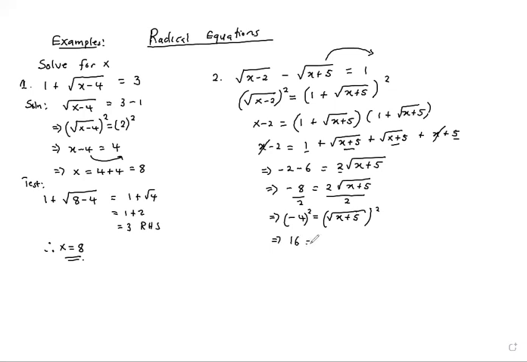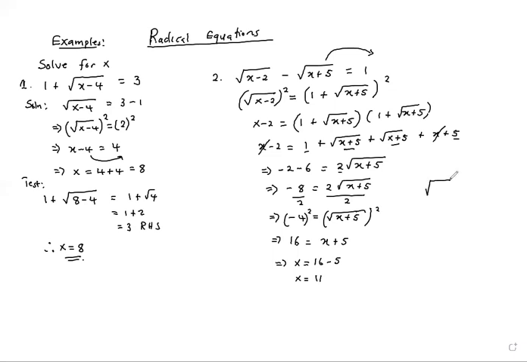So we'll have 16 is equal to x plus 5. Then solve for x. So it will be 16 minus 5. So x is equal to 11. So let's take it there and see if things will come out.